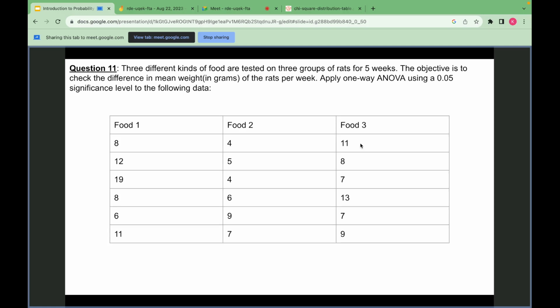Either one pair will have a different mean. So we will compare the variance of food 1 to food 2, food 2 to food 3, and we also calculate the variance within the group and between the group.